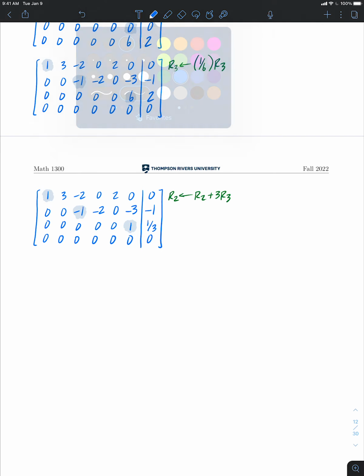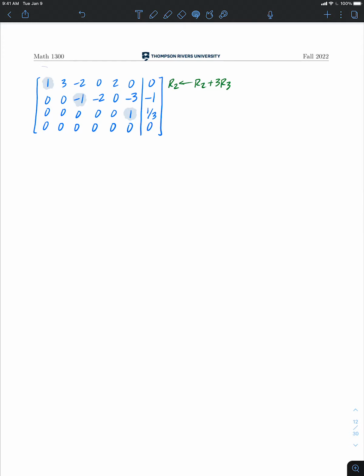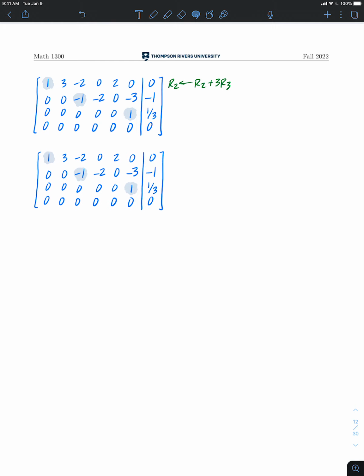Okay, so now what'll that do? Let's make a copy of this matrix. And actually, how much do I need to really erase here? We're adding row 3 to row 2 3 times. Are these zeros going to change anything?